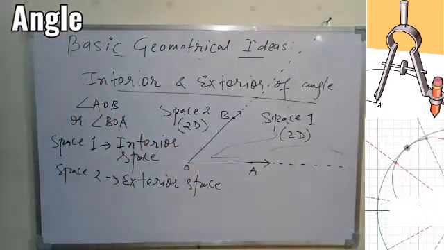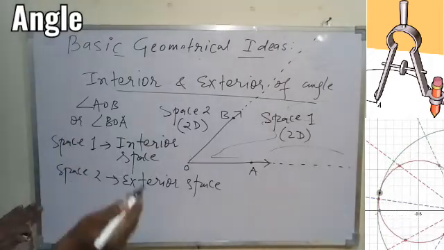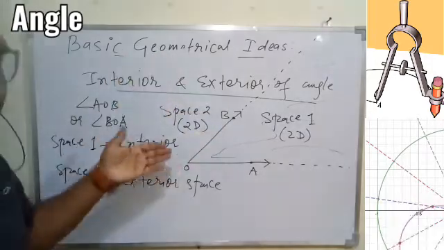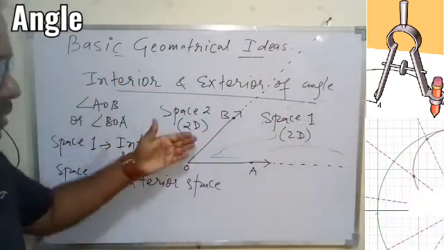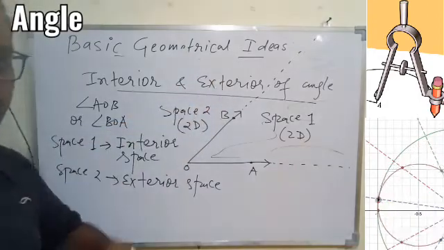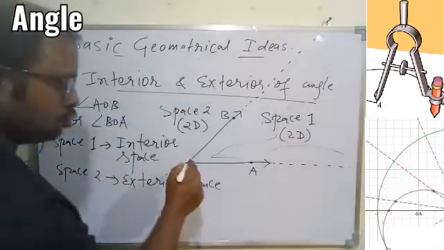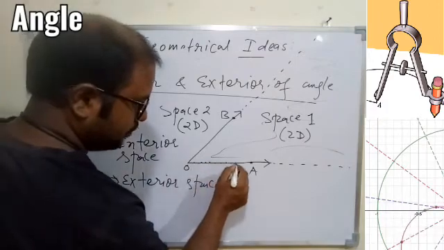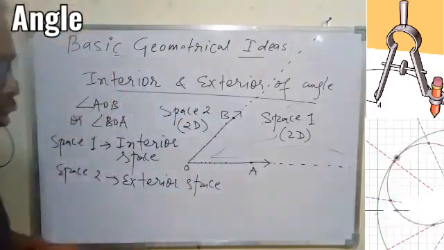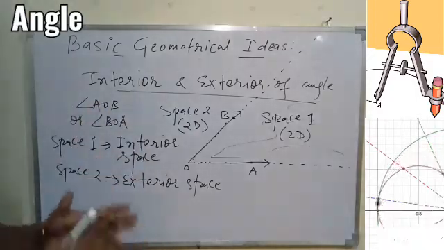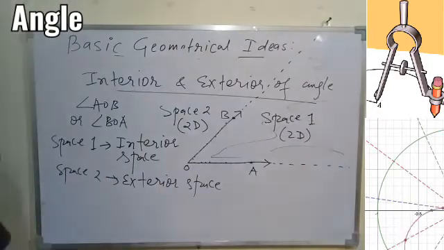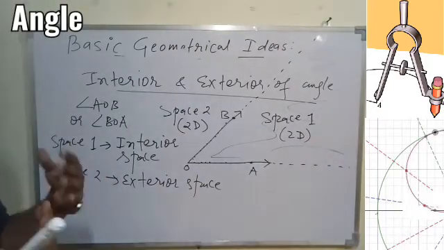And the third one is, that again we see space 1 and space 2 are basically divided by the rays only. So on this ray OB, OA, we can have an infinite number of points. So we can have lots of points on this. All the points which are coming on this ray OA and OB are basically on the boundary.